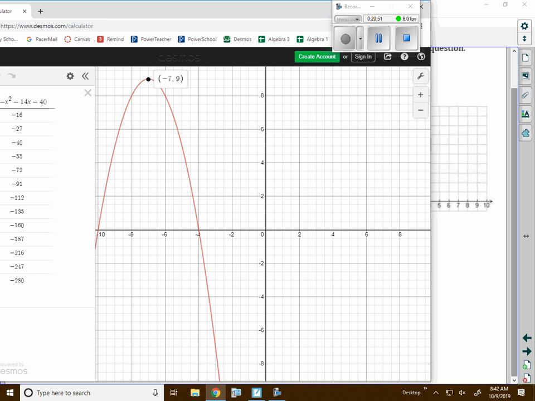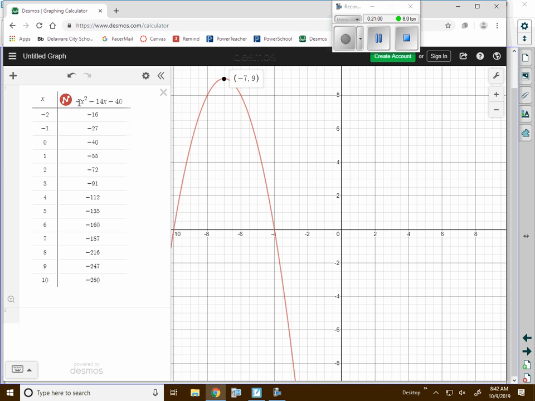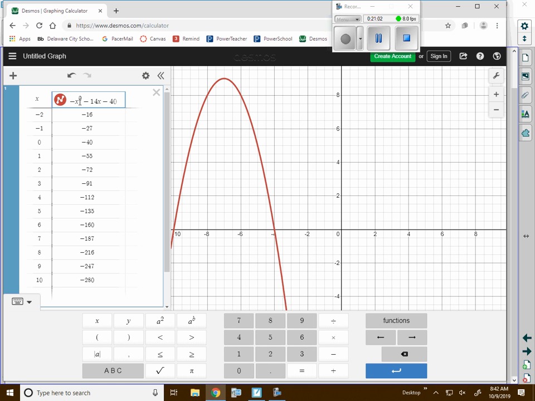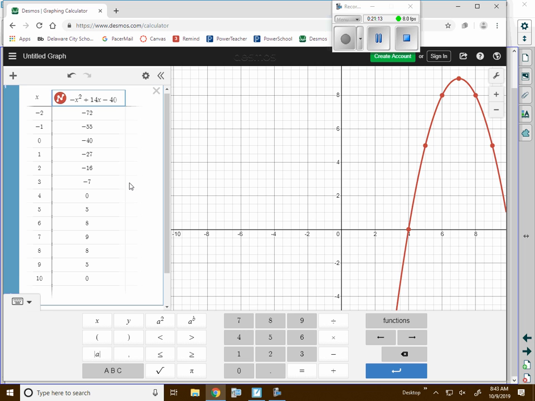Something. I put something in wrong. There is something wrong. Guys, look at my function. Is that function right? Was it negative at the beginning? Oh, it's plus 14. Aha! Great, now your numbers are off.